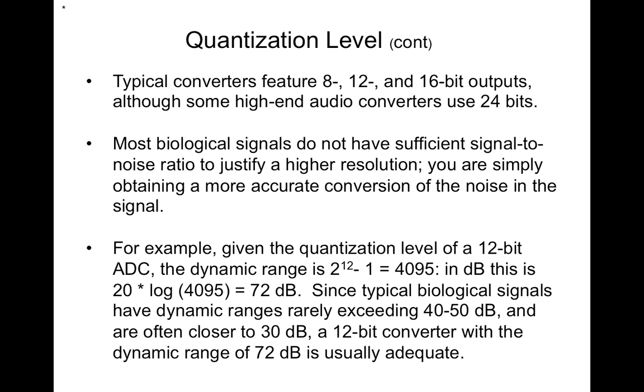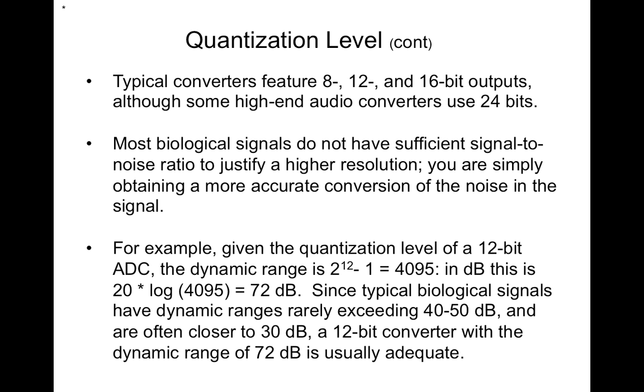If you look in dB at those 4095 levels, then 20 log of 4095 is 72 dB, but most biological signals have dynamic ranges between 40 and 50 dB and are usually closer to 30 dB. So a 12-bit converter is more than adequate.